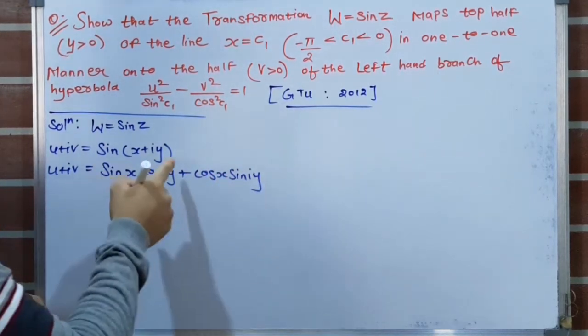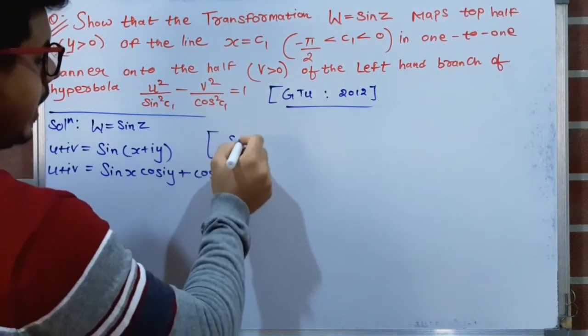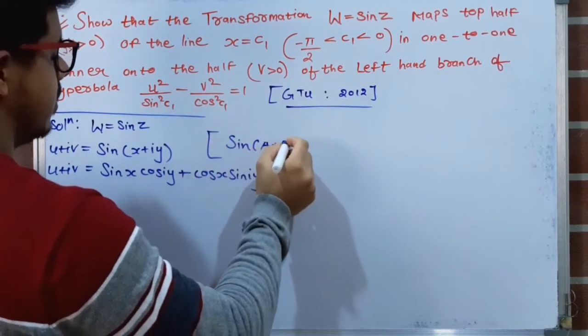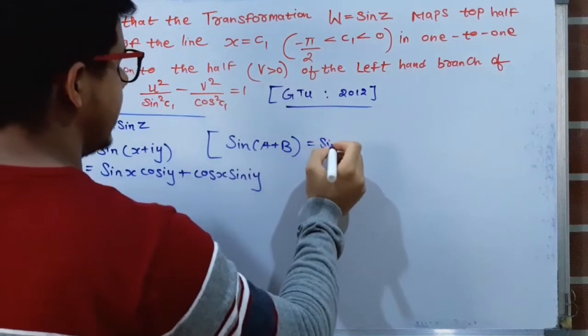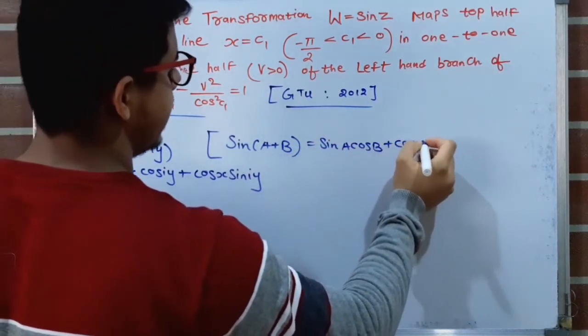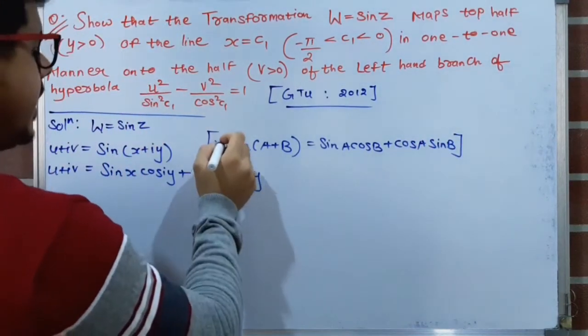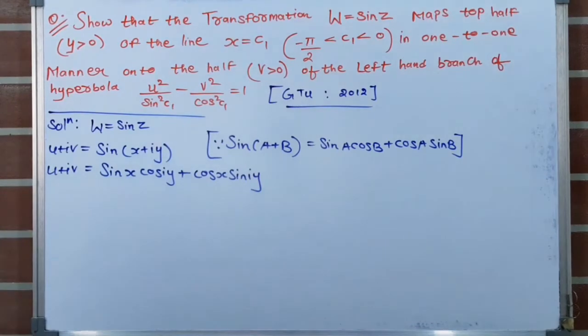We expanded this sine function with the addition formula of sine, that is sin of a plus b equals sin a into cos b plus cos a into sin b. This is the addition formula of the sine function.